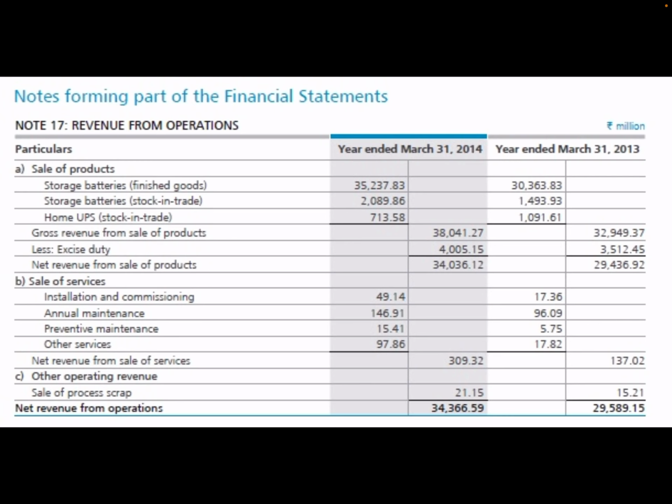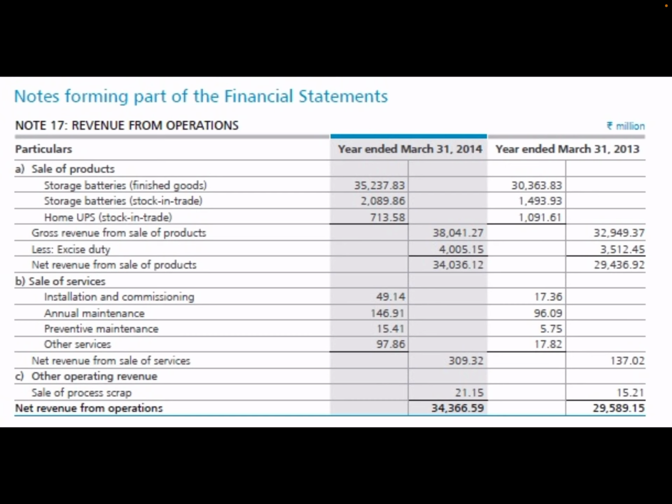And net sales from the sale of product adjusted for excise duty amount to 3403 crores, matching the number reported in the P&L statement. Likewise, we can notice the split up for the revenue from sales. The revenue number of rupees 30.9 crores tallies with the number reported in the P&L statement.